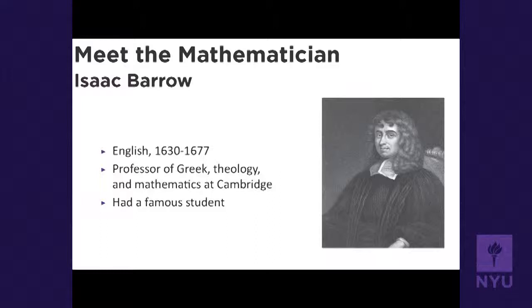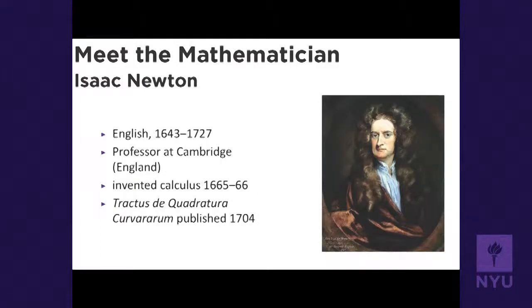Okay. Barrow was able to think a little bit about the fundamental theorem of calculus, but he didn't quite understand it that well. He talked some more about it with his student, Isaac Newton, who we all know. Newton was a late 16th century professor at Cambridge in England.